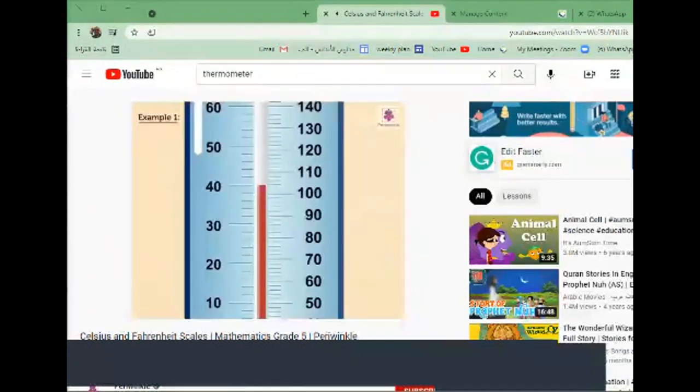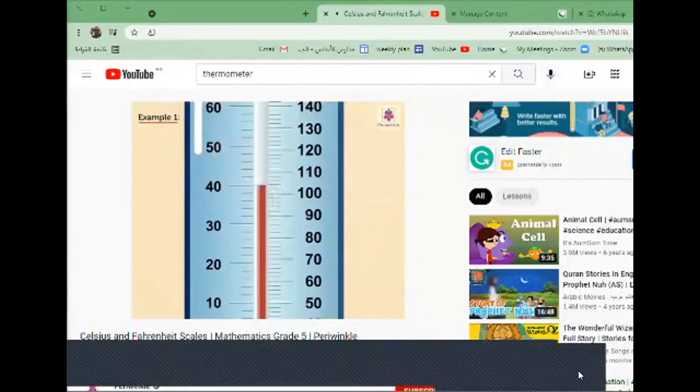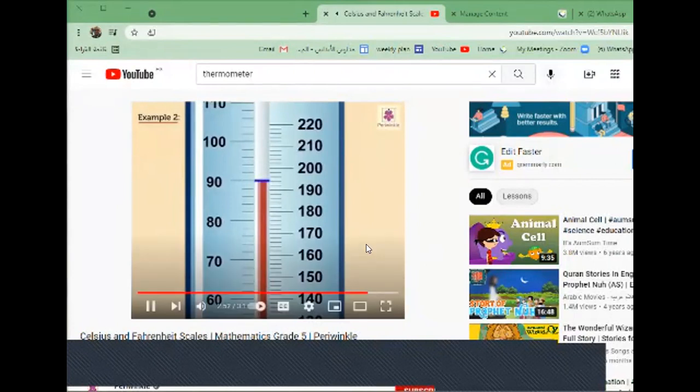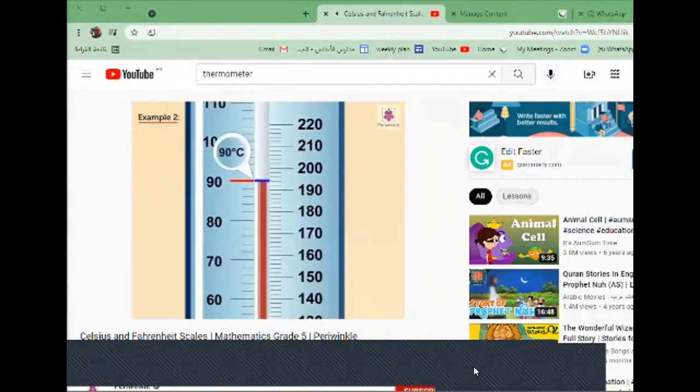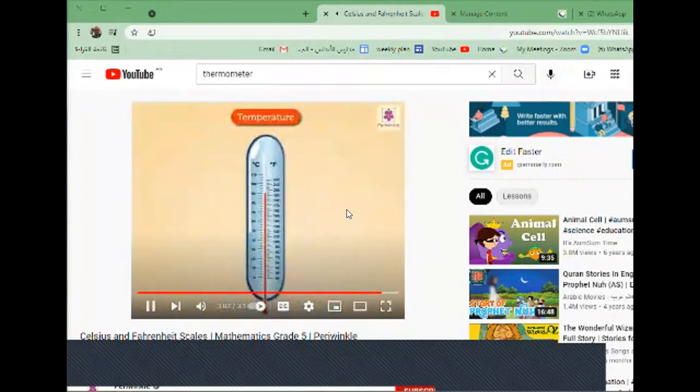Here the mercury level is at 40 degrees Celsius or 104 degrees Fahrenheit. Let's look at another example. Here the mercury level is at 90 degrees Celsius or 194 degrees Fahrenheit. Wasn't it fun learning about temperature and measuring it?